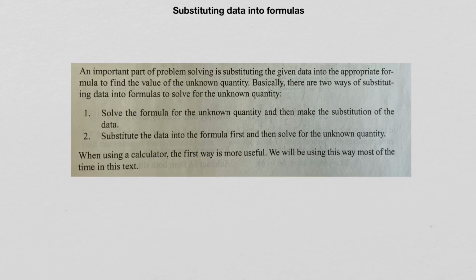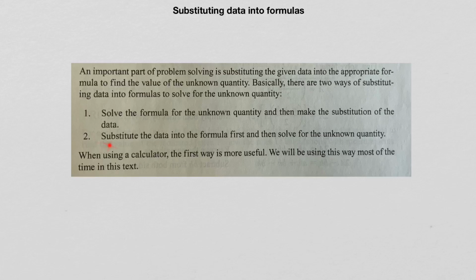There are two ways of substituting data into formulas to solve for the unknown quantity. So first would be to solve the formula for the unknown quantity, which is basically what I did so far in all the examples that I showed, and then make the substitution of the data. And then there is essentially the opposite way of working.